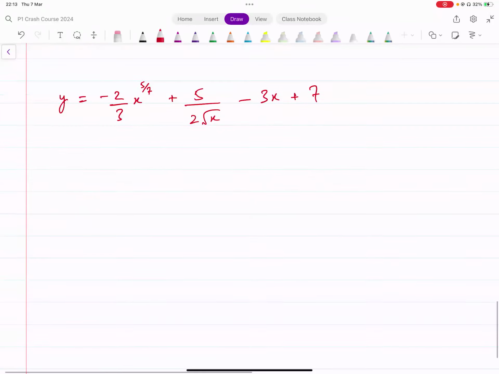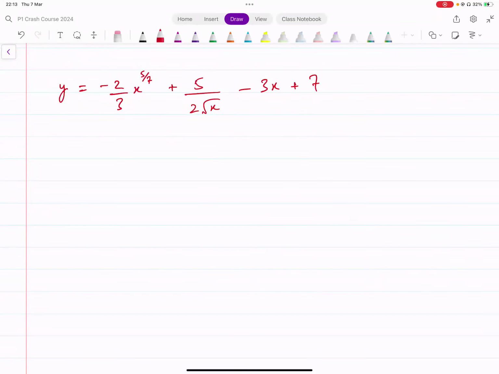If you wanted to find the derivative of this thing, now you have multiple terms, right? You have this term, you have this term, plus something, then minus something, then plus 7.